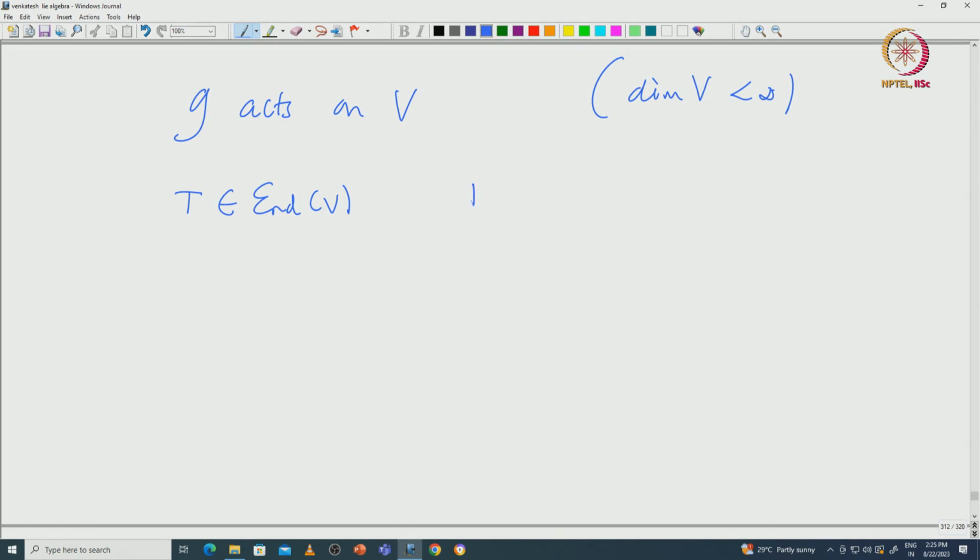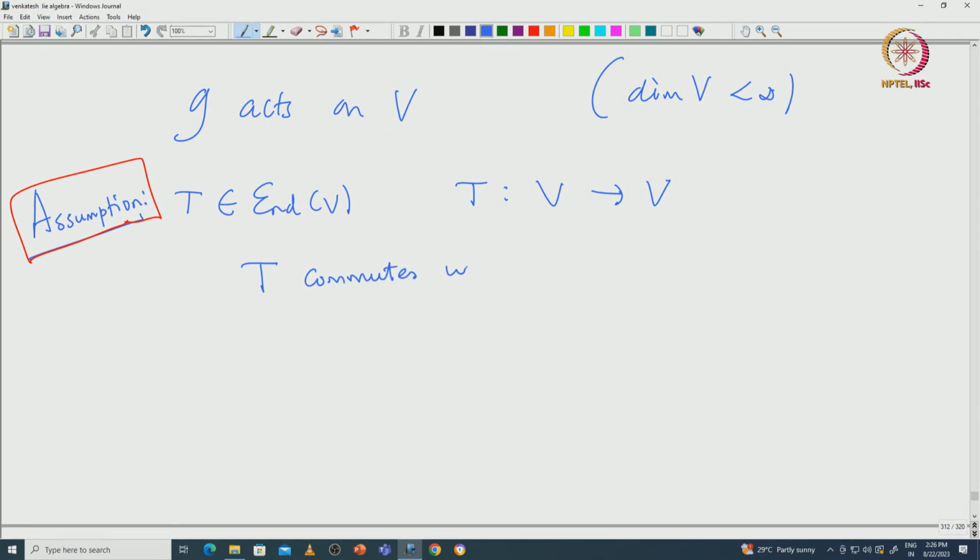So this T is an operator from V to V. Now assume, and these are all hypotheses, that there exists this operator T, and this operator commutes with the action of G.